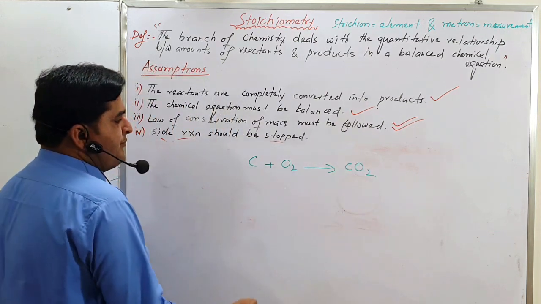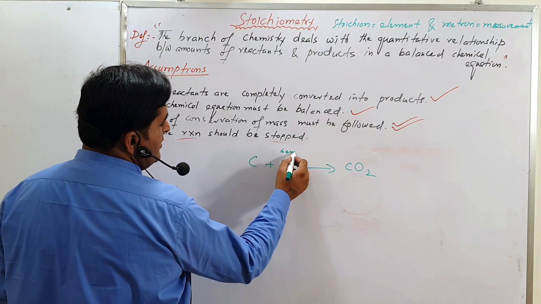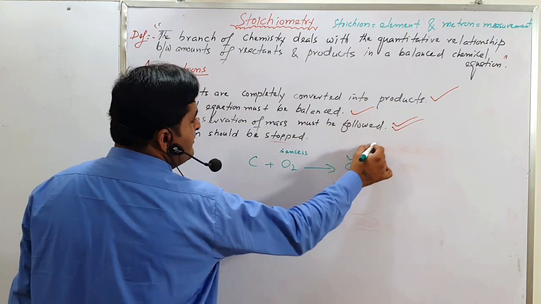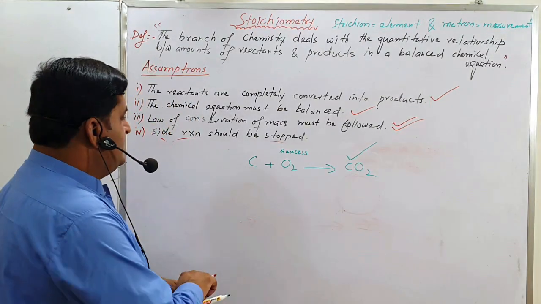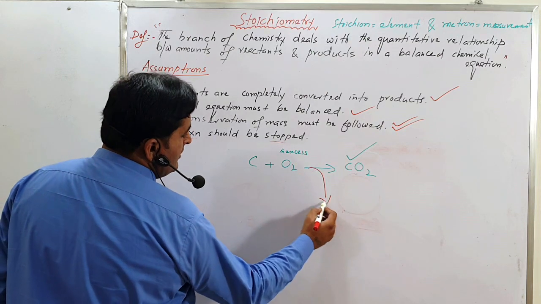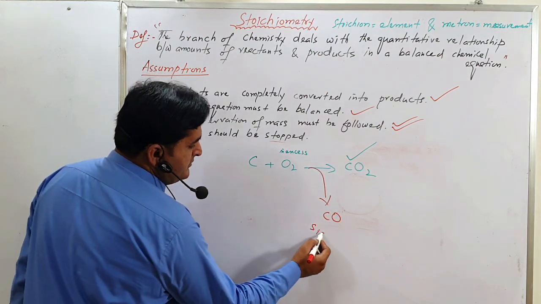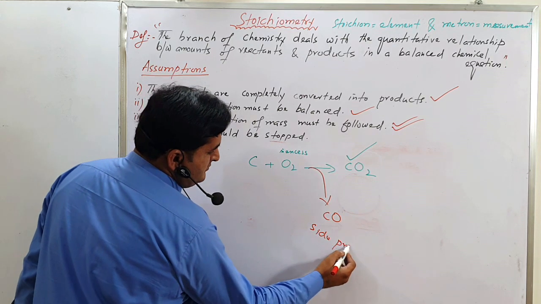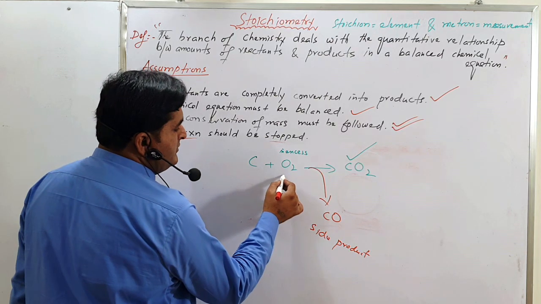If the oxygen is in excess, this will be the main product. This will be the only product. If oxygen is limited, carbon monoxide is also produced as a side product. This is a side product if the oxygen is limited.